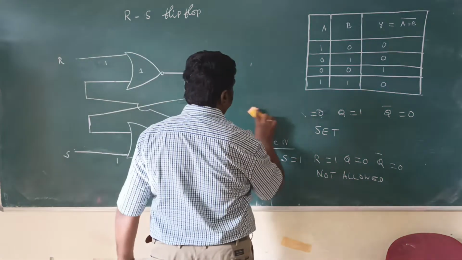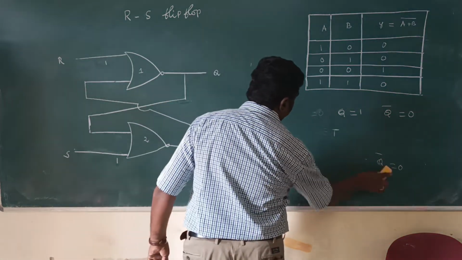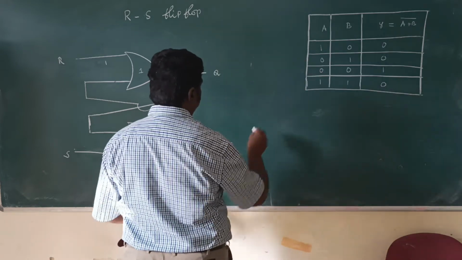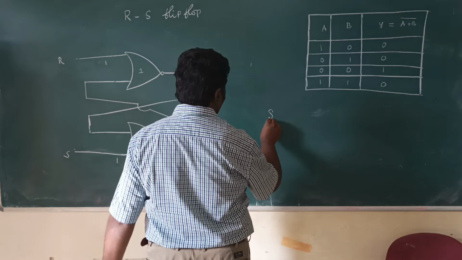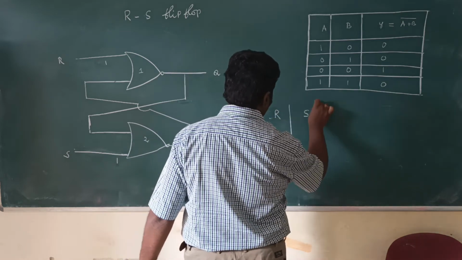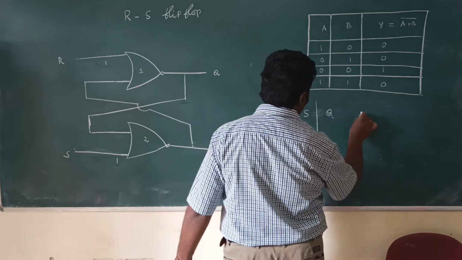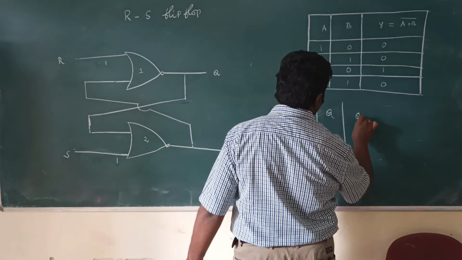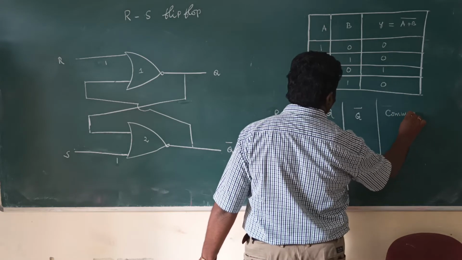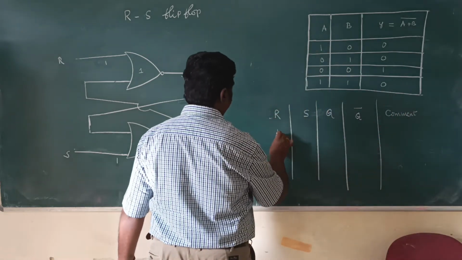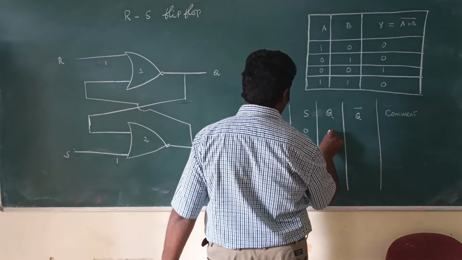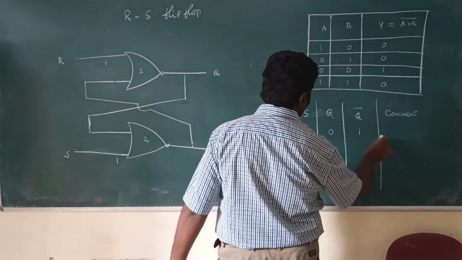Now we can create a truth table for this RS flip-flop. R, S, Q, Q bar, then comment. R equal to 1, S equal to 0, then Q equal to 0, Q bar 1.